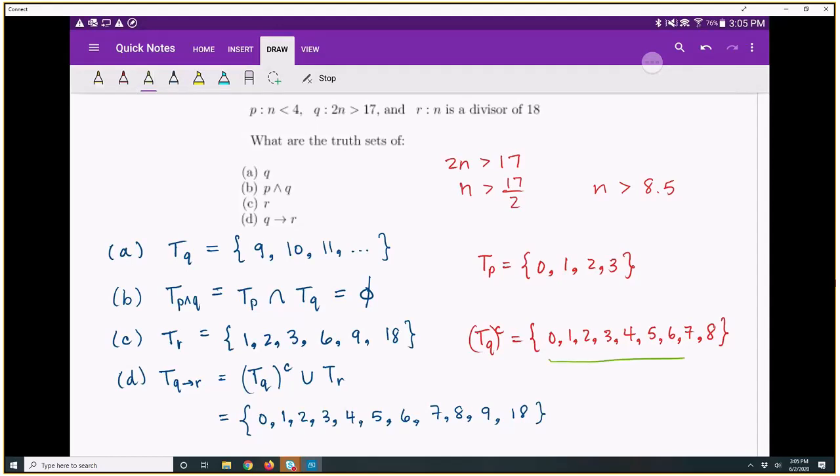When Q is false, the implication is automatically true. When else is the implication true? When Q and R are both true. And that is 9 and 18.